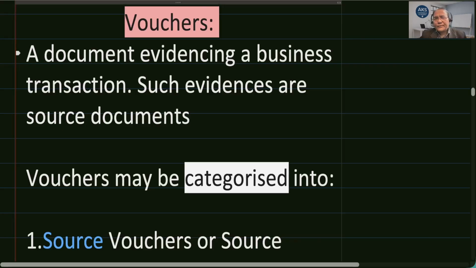All these are original documents, source documents, on the basis of which another internal document is prepared, and that is called a voucher. A document evidencing a business transaction, such evidences are source documents.